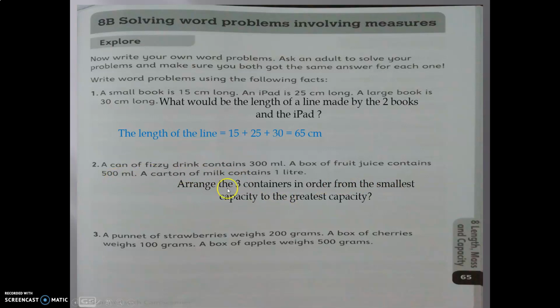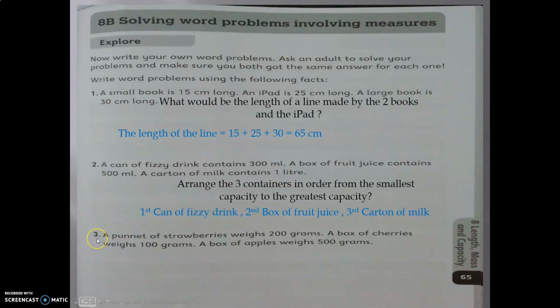So what will be the first container? It should be the smallest one in capacity. So first, can of fizzy drink, because it is just 300 milliliter. Second, box of fruit juice, because it is 500 milliliter. The last one is the largest one in capacity, carton of milk. It is 1 liter, and 1 liter means 1000 milliliter.